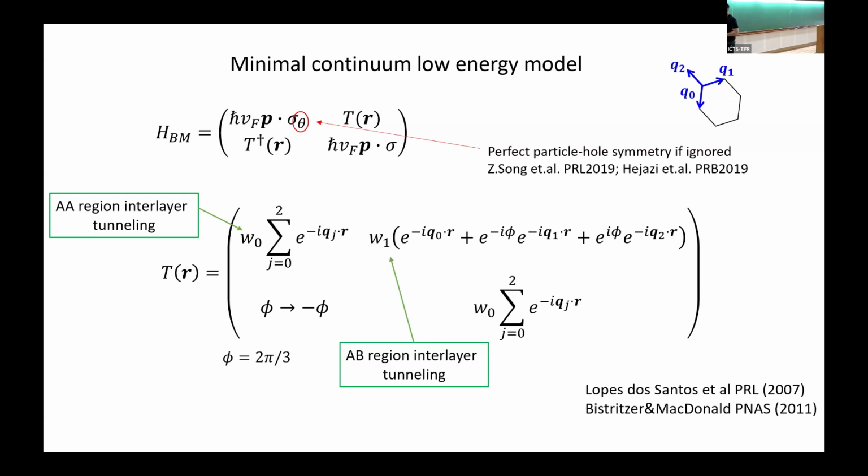Now, this symmetry is not exact, as you can already see. If we were to include, for example, this rotation of the Pauli matrix, this symmetry is only approximate. But these people checked how close this symmetry is to being exact at the level of the wave function.